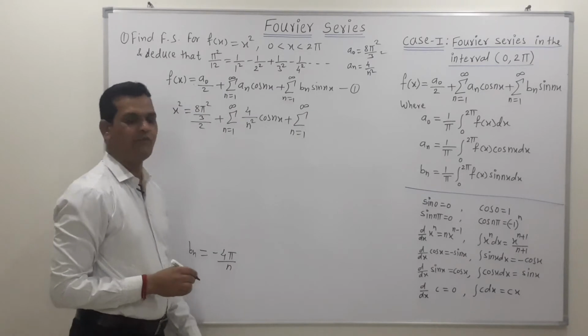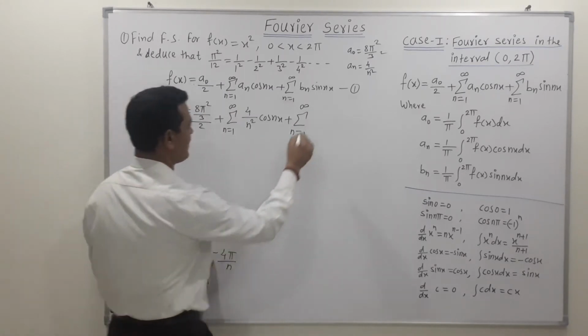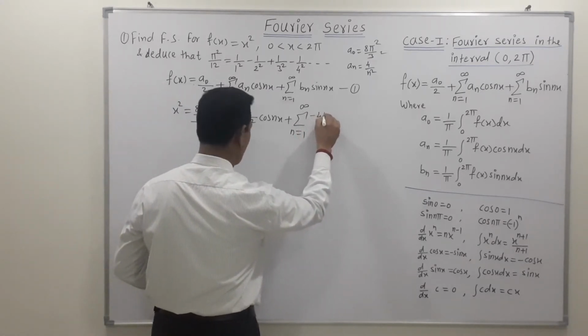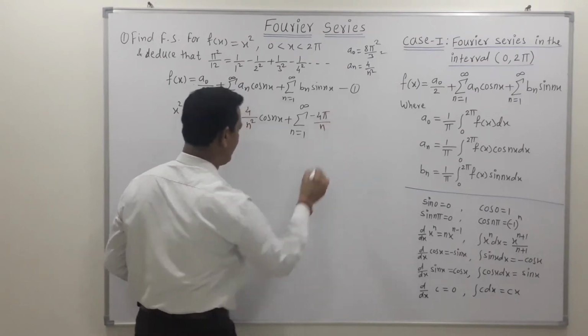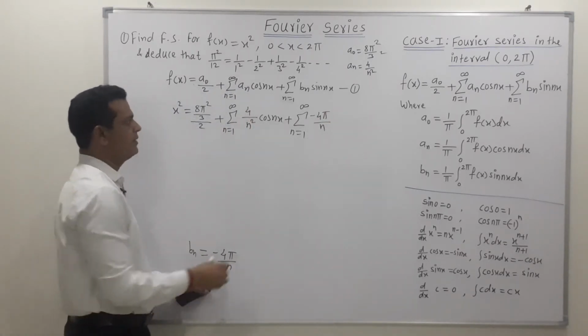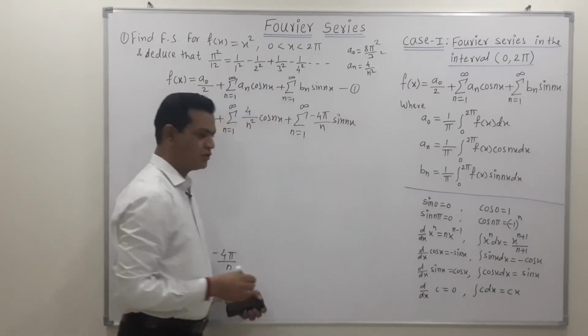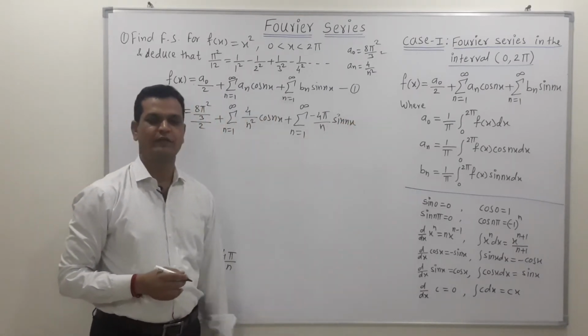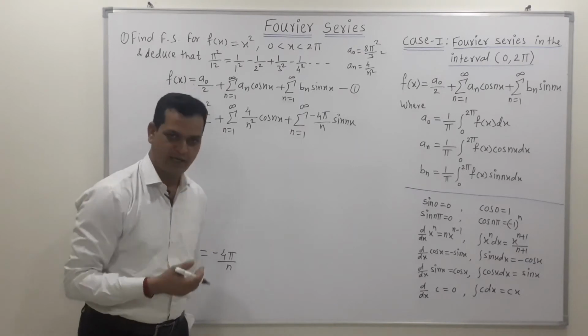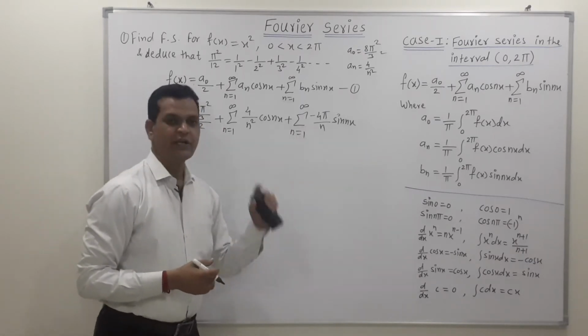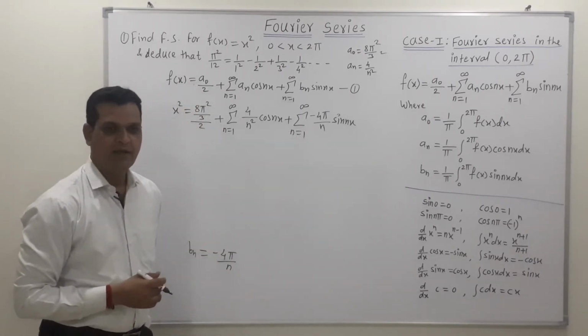Now put the value of bn, which is minus 4 pi upon n into sine of nx. So in this way we can easily calculate the Fourier series expansion. This is the required Fourier series for the given example.